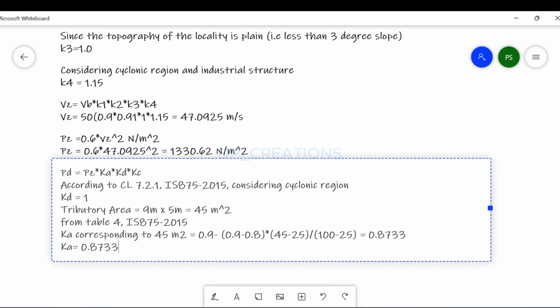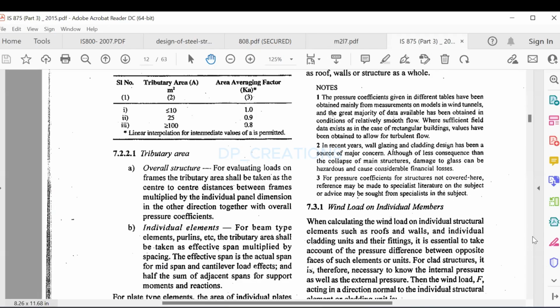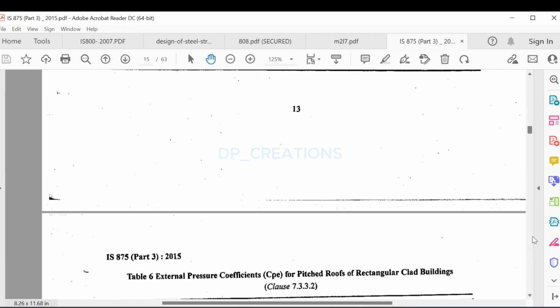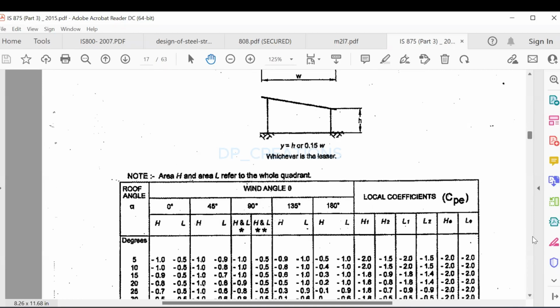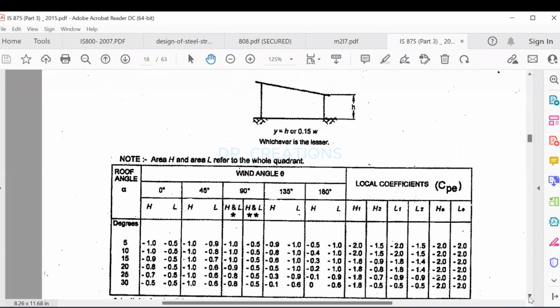Okay. Now for Kc, I told you, I have to go to page number 16. Page number 16.